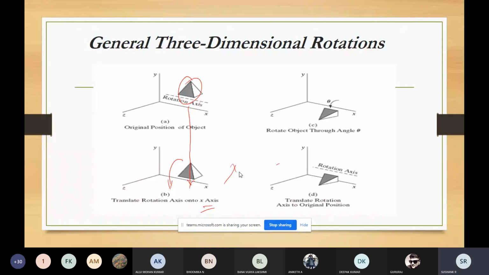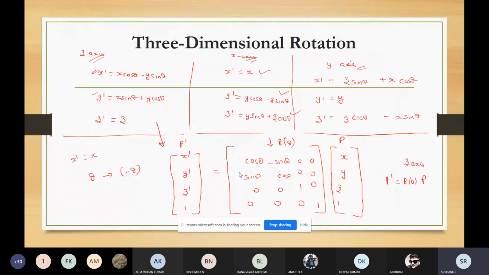Any doubts regarding today's class? You do one thing: try to find out what the matrix representation will be for this axis. I'll work it out from my end. This is the representation for the z-axis, so you check from your end.